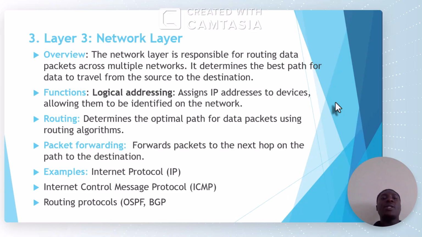The functions are logical addressing, which assigns IP addresses to devices, allowing them to be identified on the network; routing, which determines the optimal path for data packets using routing algorithms; and packet forwarding, which forwards packets to the next hop on the path to the destination. Examples are Internet Protocol, IP address, Internet Control Message Protocol, and routing protocols.